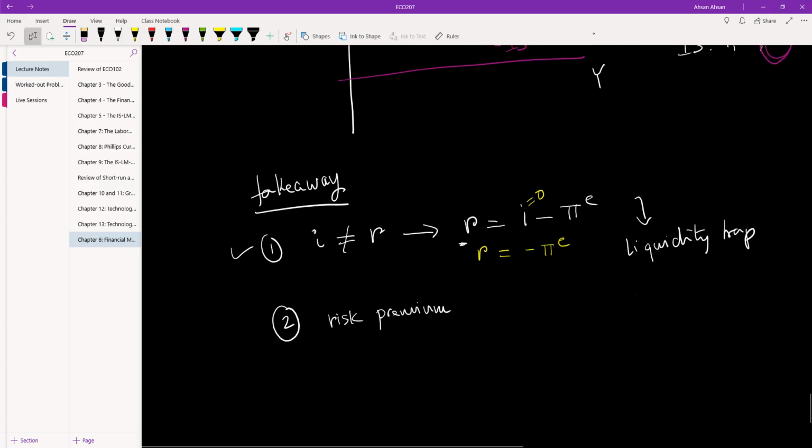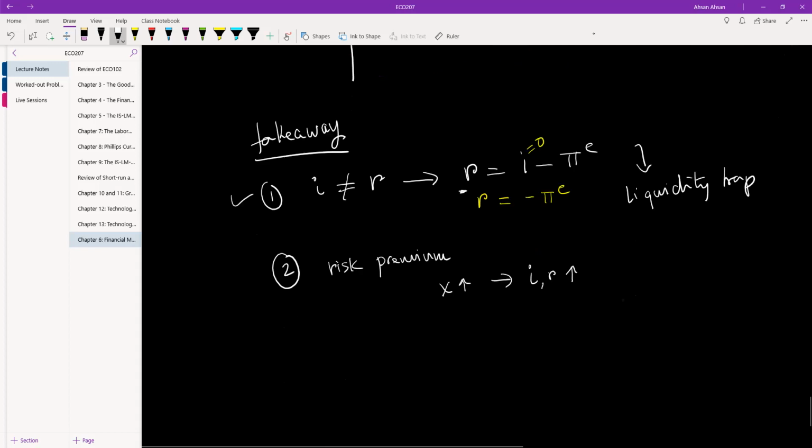And so what we have seen is that as X, which is the risk premium, is going up, the interest rate that we demand, I or R, it's the same argument either way, would also be going up. If I'm taking higher risk, I'm going to have to be compensated by a higher interest rate, higher return, higher profit, whatever you would call it. So this is another important takeaway.